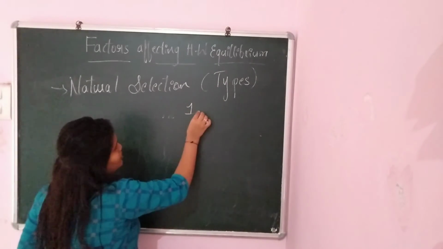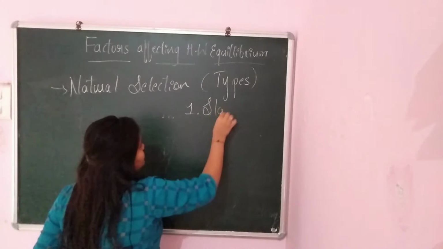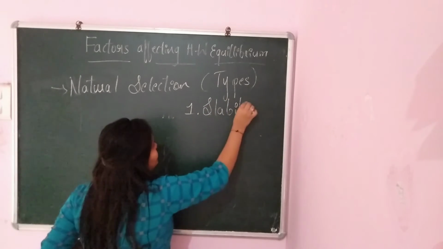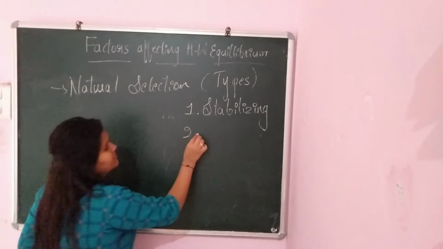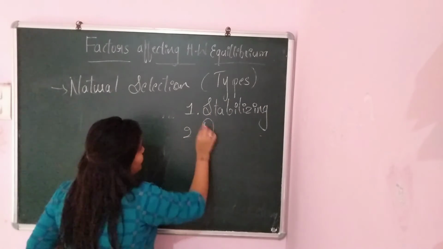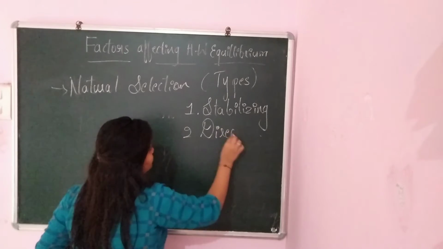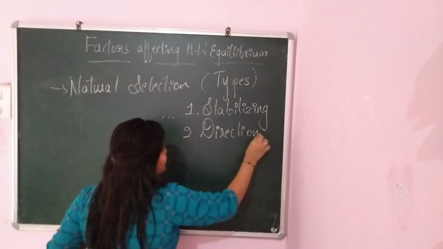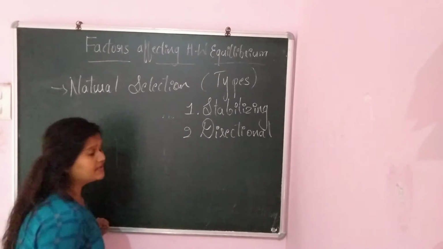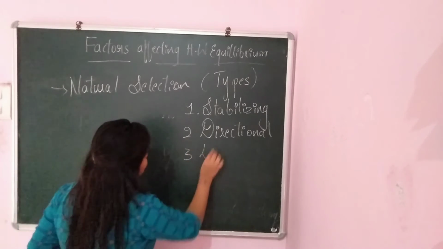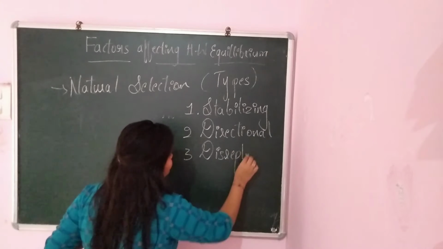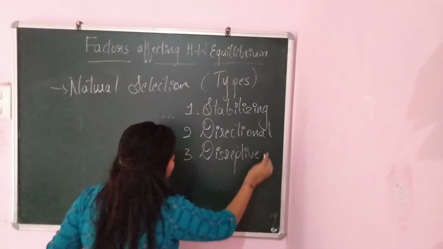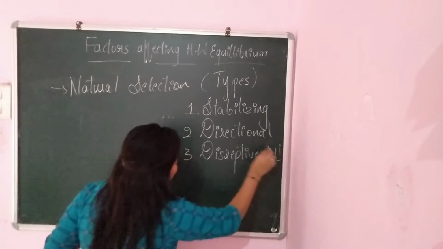The first one is stabilizing natural selection, the second one is directional natural selection, and the third one is disruptive natural selection.